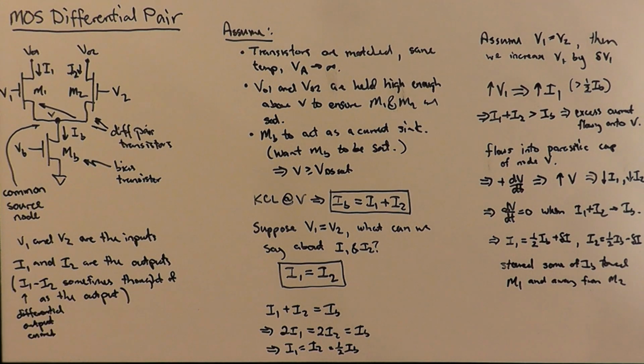So by pushing V1 down relative to V2, we've steered some current away from M1 and toward M2. Okay? So that's how the circuit works.